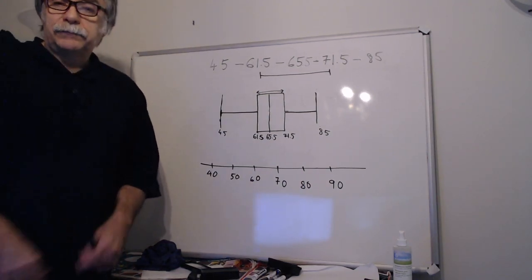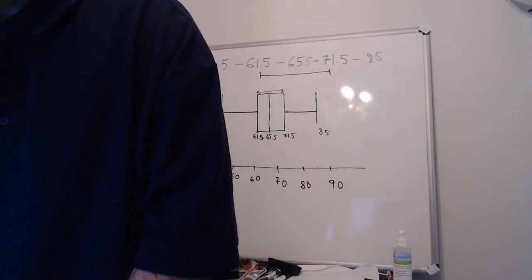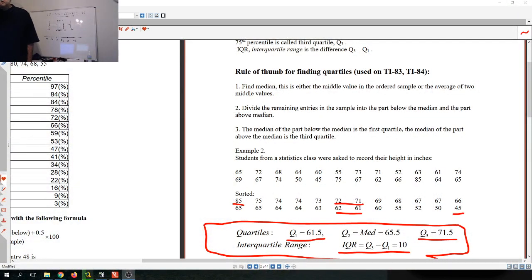Okay, now if we go back to the story of this example, one of the things that you could ask when you look at the sample itself is what are the outliers in the sample.